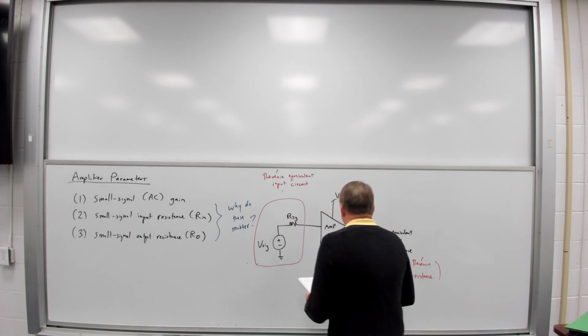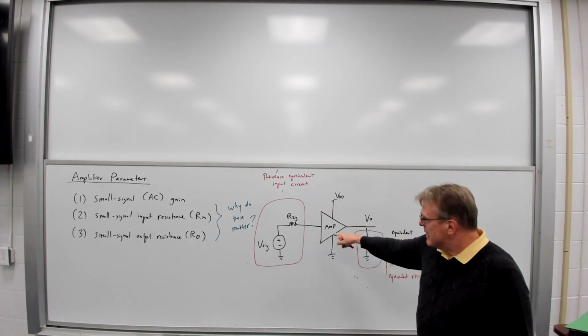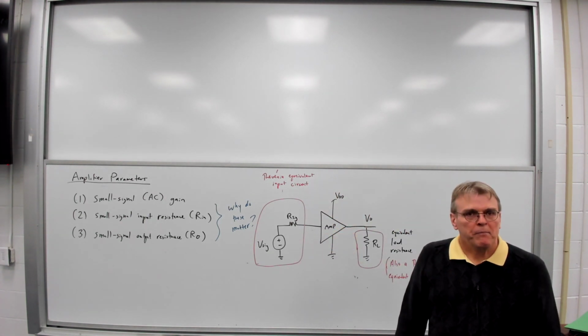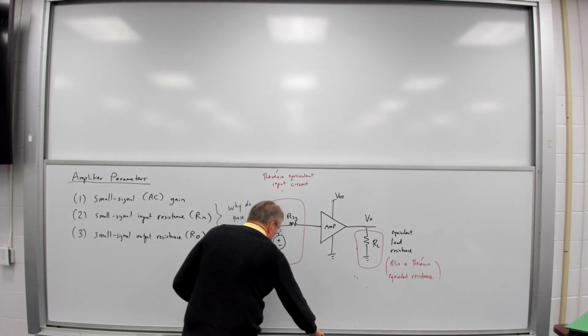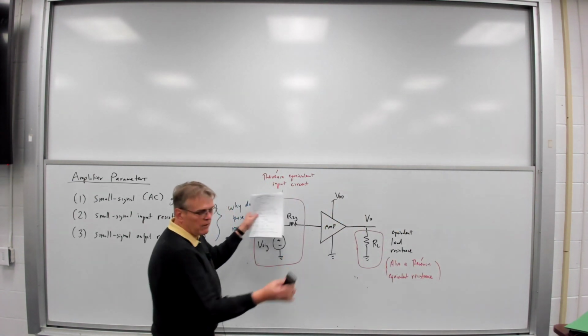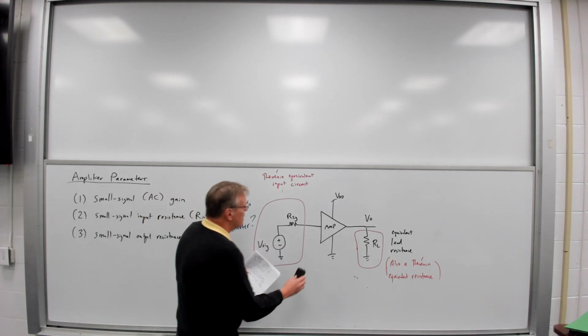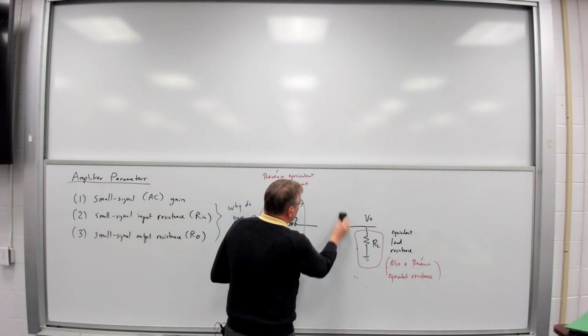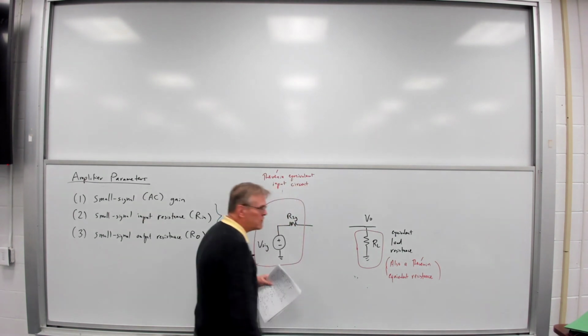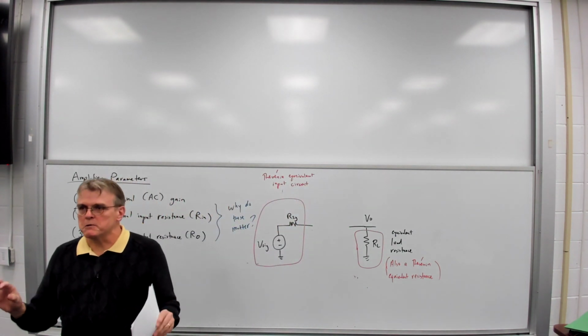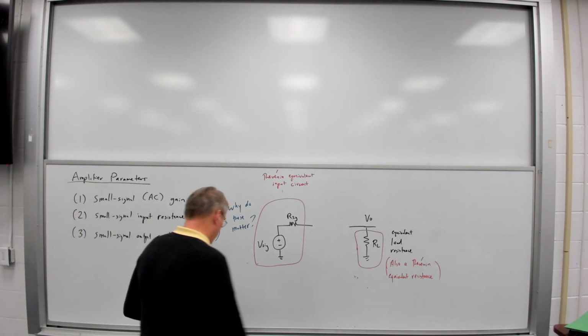All right. What I'm going to do now is replace that amplifier. Whatever this amplifier is, I'm going to turn it into a simplified model using basic circuit elements.